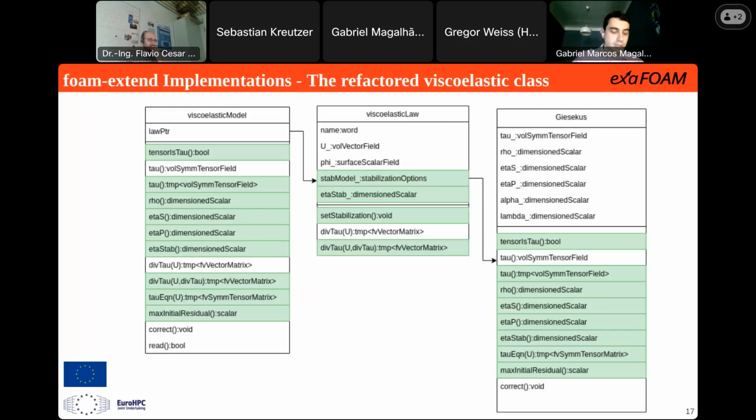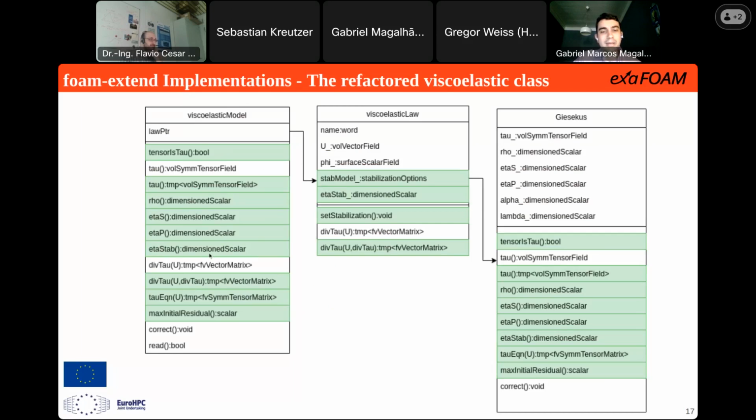The main point of our implementation was in the viscoelastic class, because in the form that this class was implemented in FOAM Extend 5, we had some difficulty to generalize the class for all the solvers.